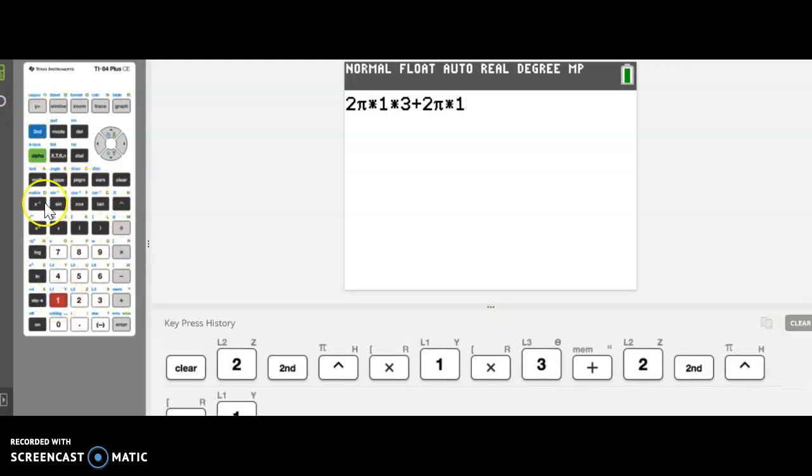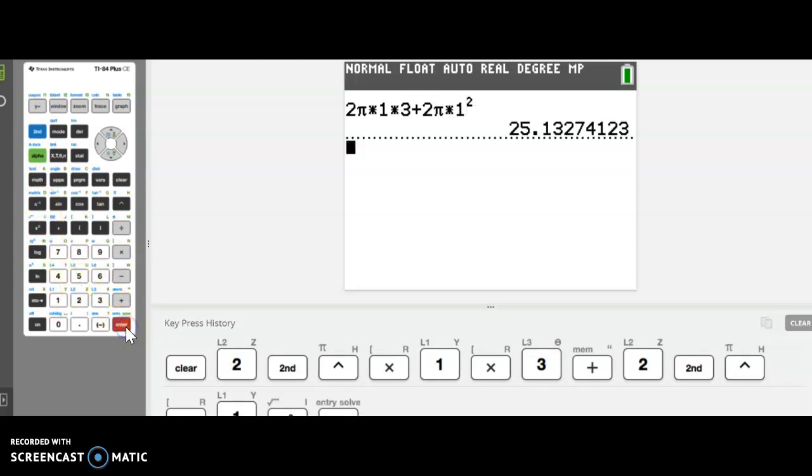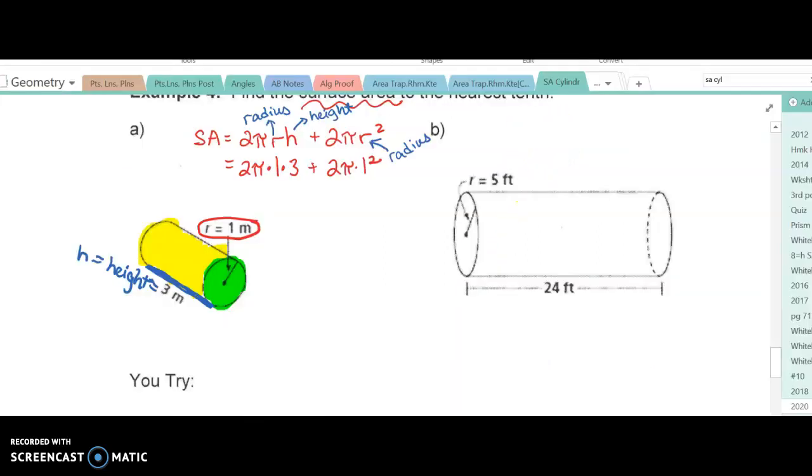Technically you don't have to do the 1 squared, since 1 times anything is itself, but if it makes you feel better, put it in. Our instructions said to the nearest tenth, so we look one decimal place to the right. That is less than 5, so we keep it at 25.1. So our final answer will be approximately 25.1 meters squared.